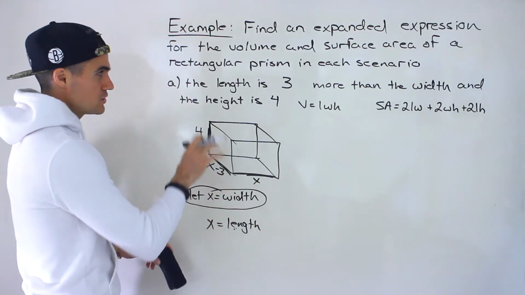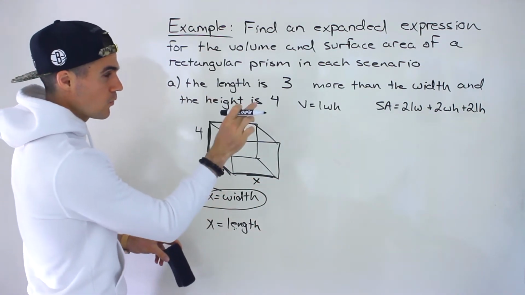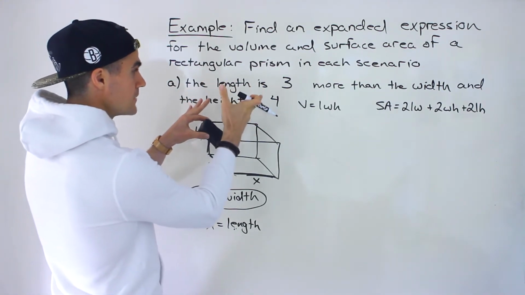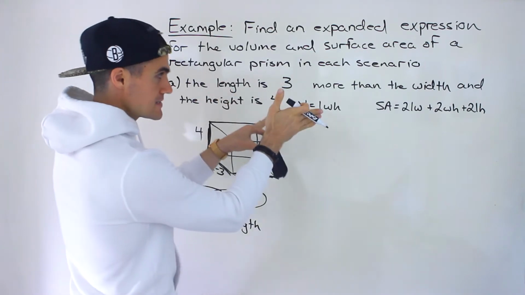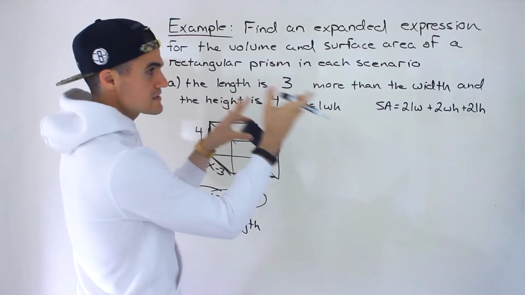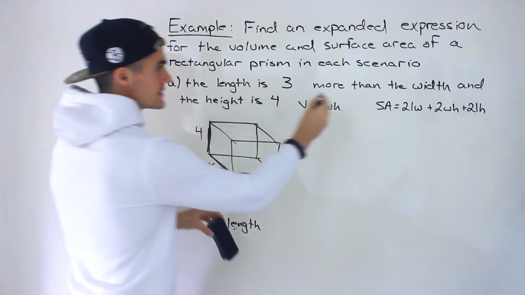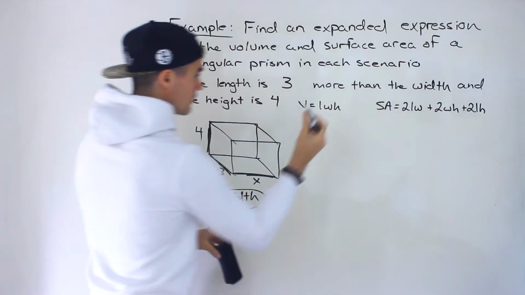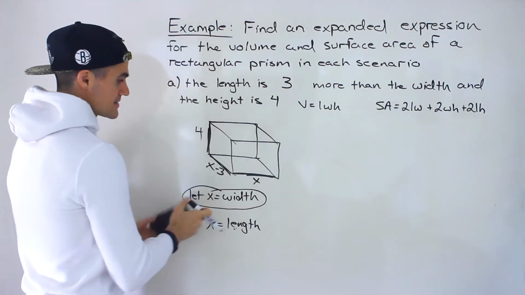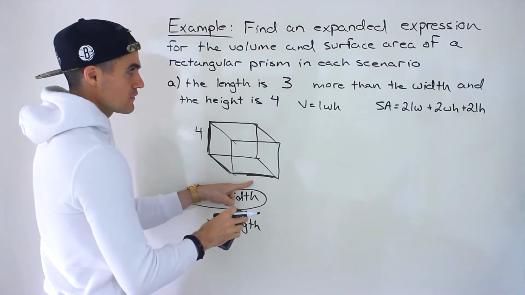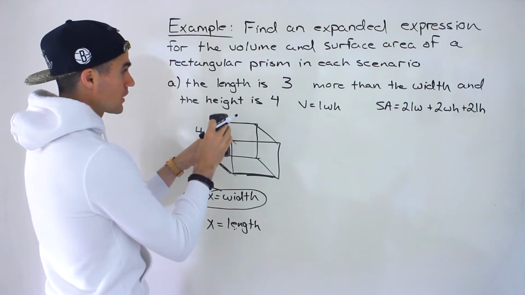However, as I mentioned, you got to read these carefully. 3 more than the width. So just from the wording, the length is based on the width. They're both based on each other, but just from the wording, it's easier to have the width as the variable versus having the length as the variable, because then you got to switch up the wording, right?